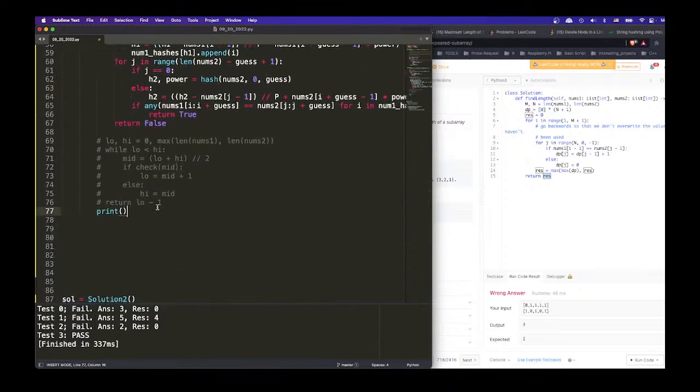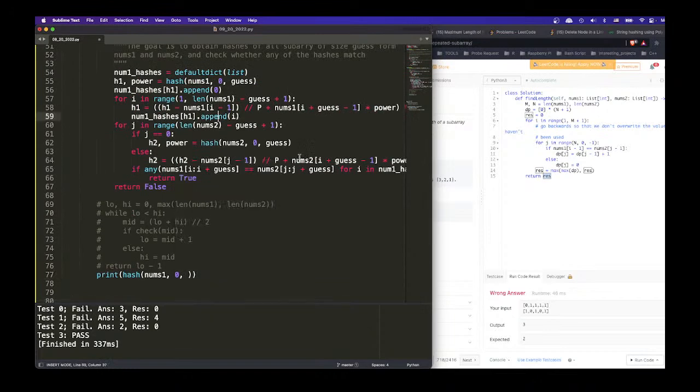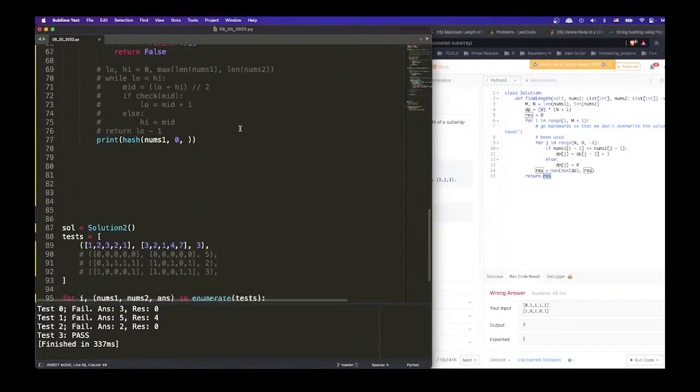So I just want to see hash. Let's say nums 1. Right. Low is 0. Oh, high is guess. No, it should be guess minus 1. High is 2.